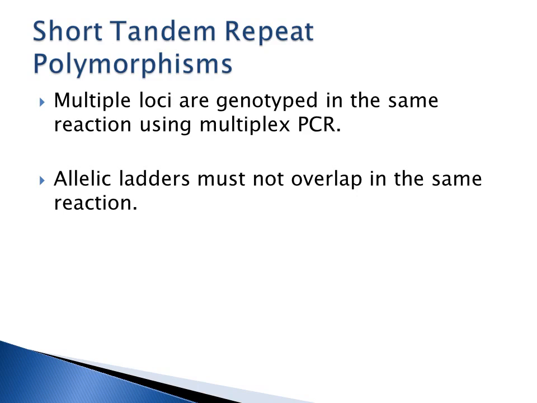So instead of setting up 2 or 3 separate PCR reactions, you set up your reaction all in the same tube using various primers. So the thing about your multiplex PCR, your allelic ladders can't overlap in the same reaction, or you won't be able to see your various bands.